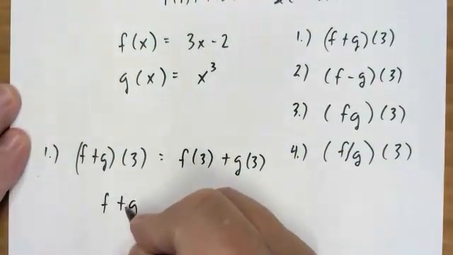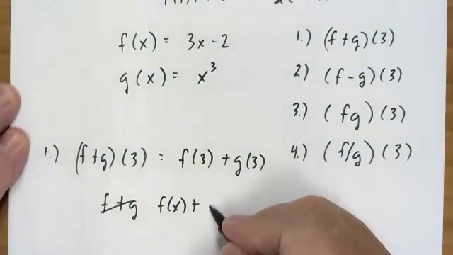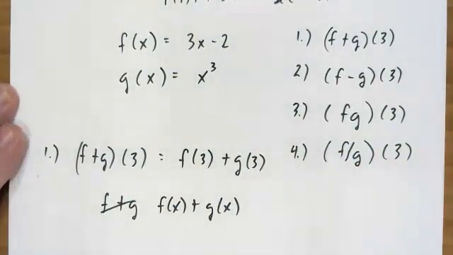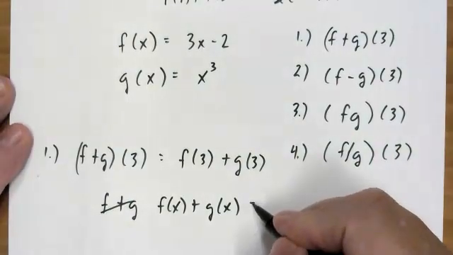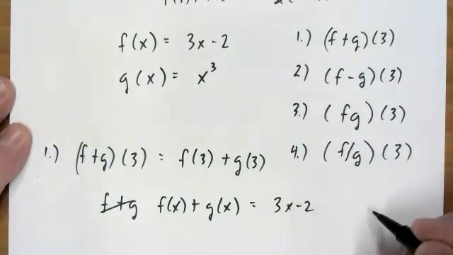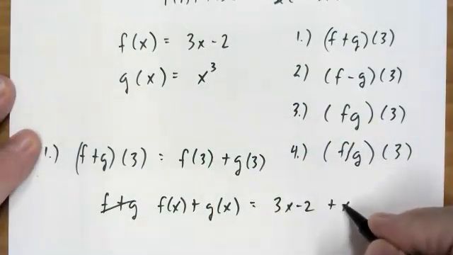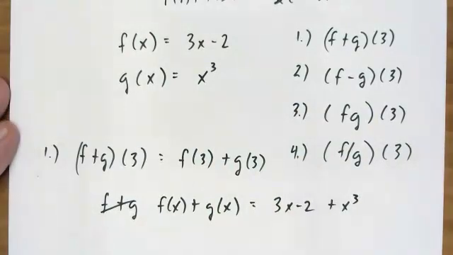So, to be more precise, let me write it like this. I'm going to add f of x and g of x. f of x is 3x minus 2, and g of x is x cubed. If I add them together, this is what I get.